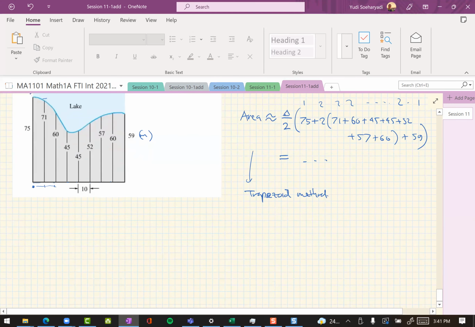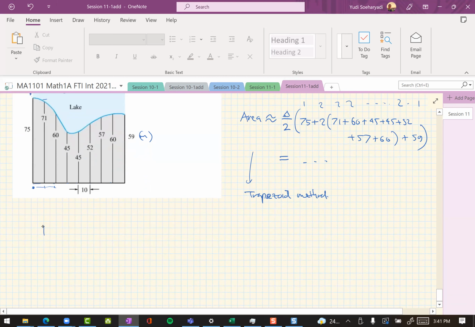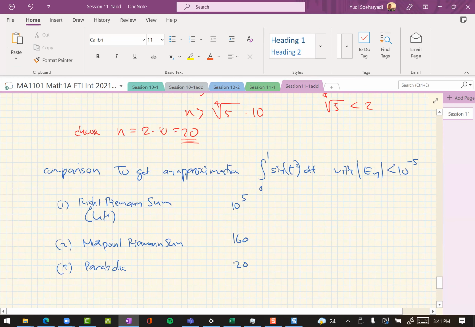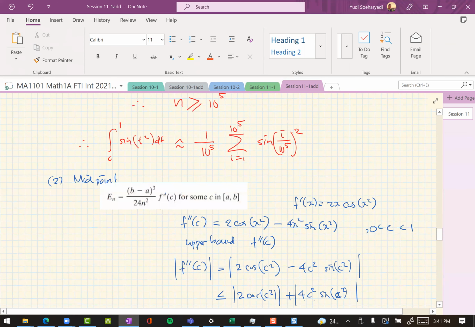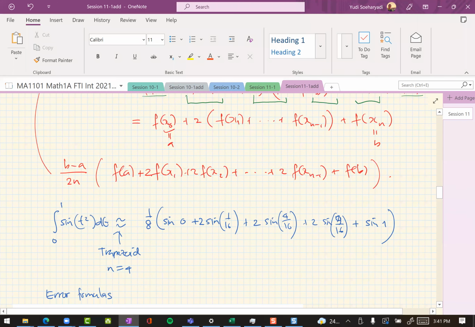If you use Simpson, sorry, parabolic, your area should be approximately, well, we'll see. What's the formula for this? So we have to go up.